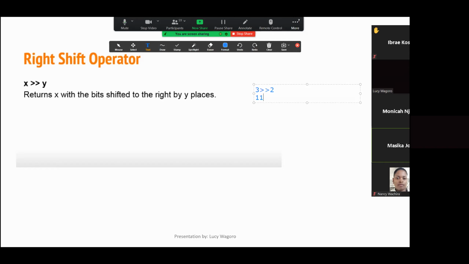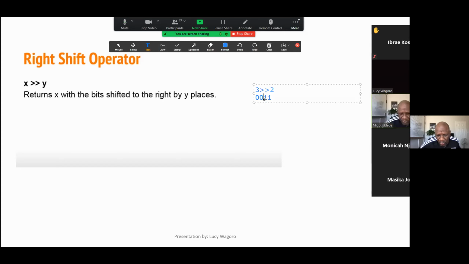So now we want to shift it to the right. Somebody may think that just the way we did it in left shift, you would do this, but that will still give us a 3, because we haven't done anything.